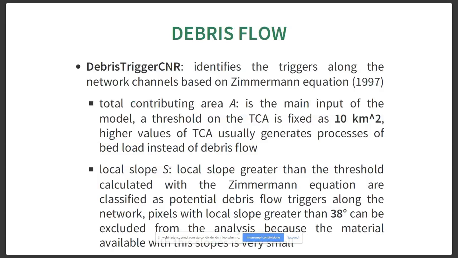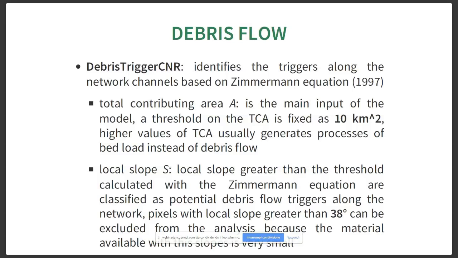The main input of this equation is the total contributing area, and a threshold on the total contributing area is fixed at 10 square kilometers, because usually higher values of total contributing area, or bigger basins, generate processes of bed load instead of debris flow. And then the local slope.